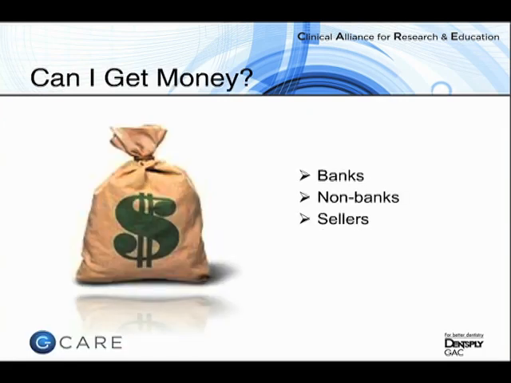Can you get money? The short answer is yes. There are a lot of national banks out there that do these deals. You can usually go to, say, Bank of America or PNC, and Wells Fargo does some of these deals, and they usually lend on averages. So once you get over a certain percentage of collections, some of them say we won't lend more than 85% of collections.